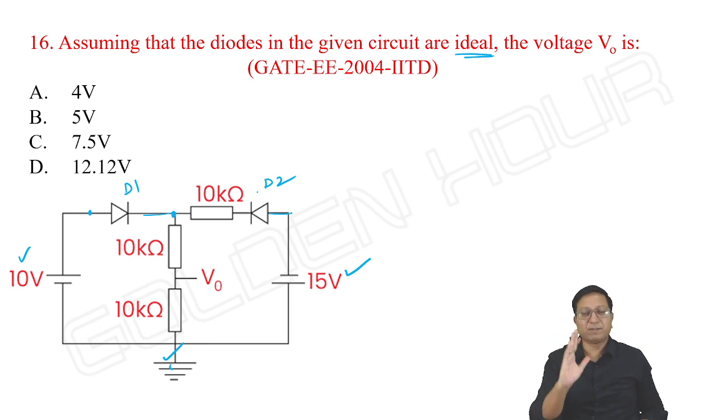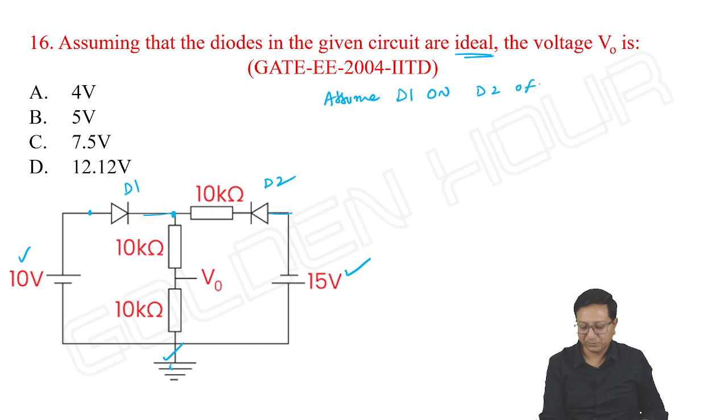So by observation, we can say D1 is on and D2 is off. Okay. So here we can take this directly just by observation.